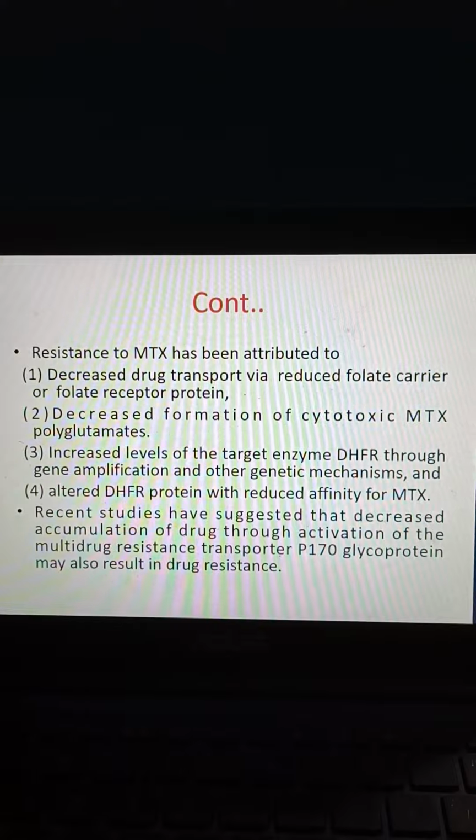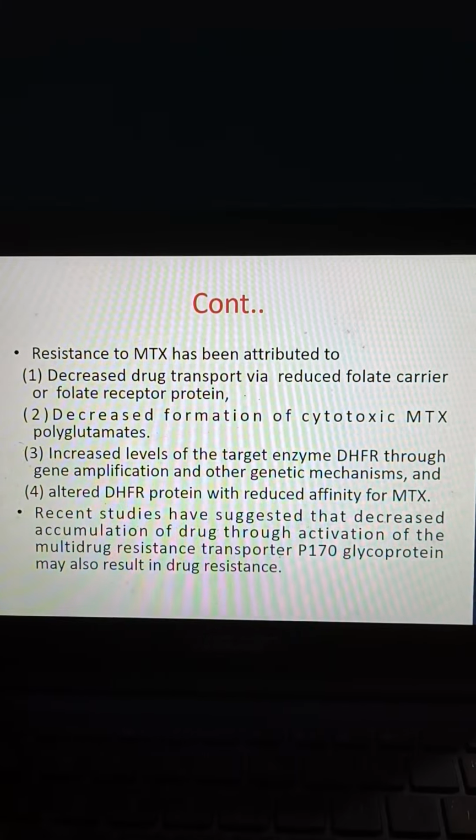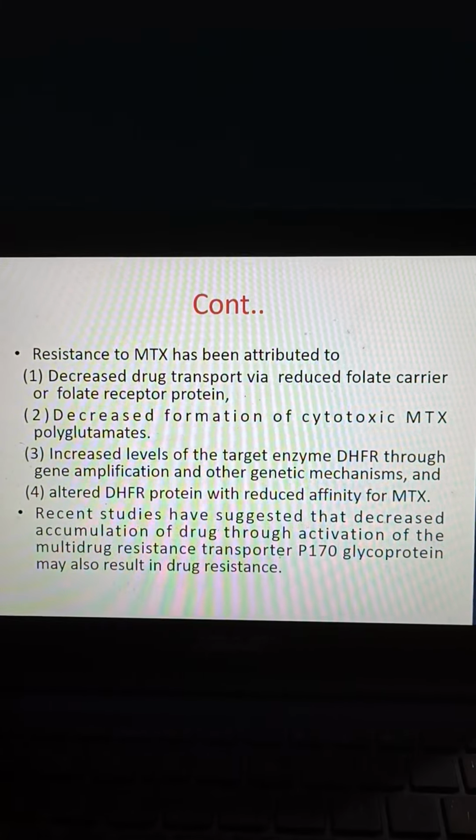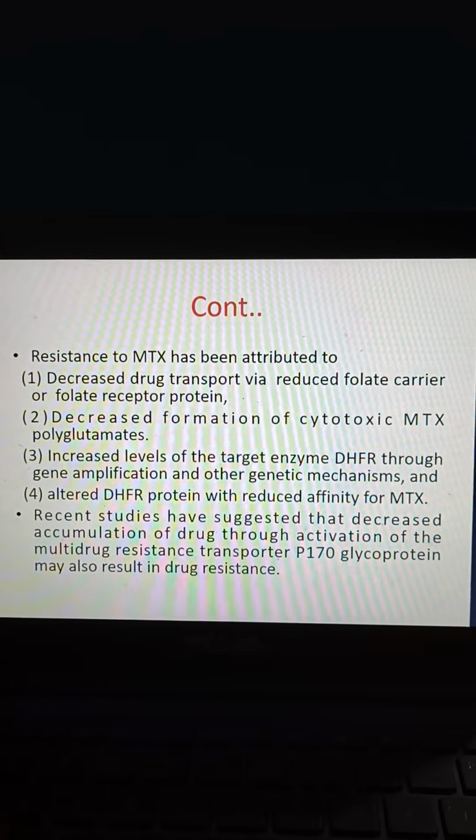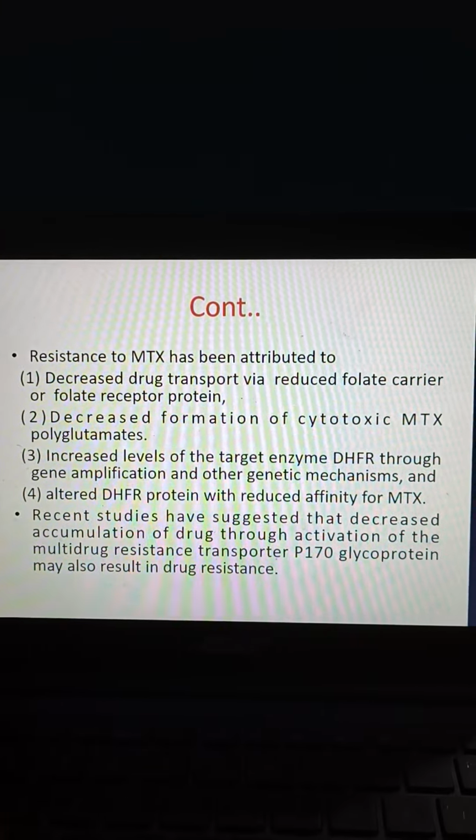Recent studies have suggested that decreased accumulation of drug through activation of the multi-drug resistance transporter P170 glycoprotein may also result in drug resistance.